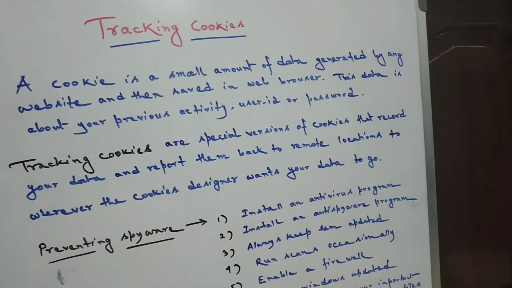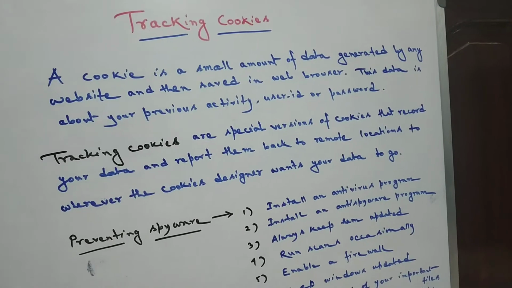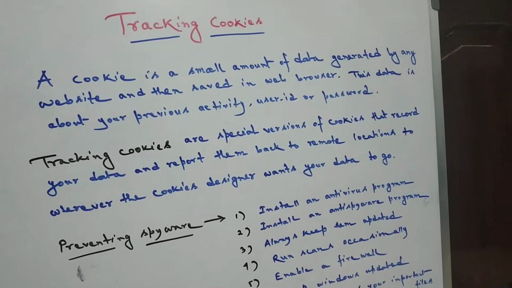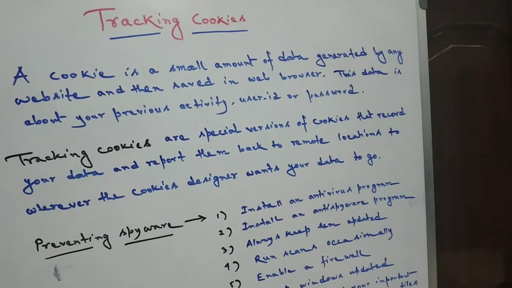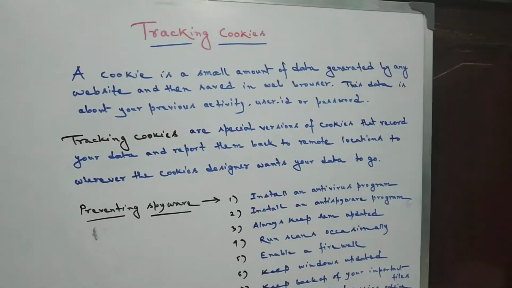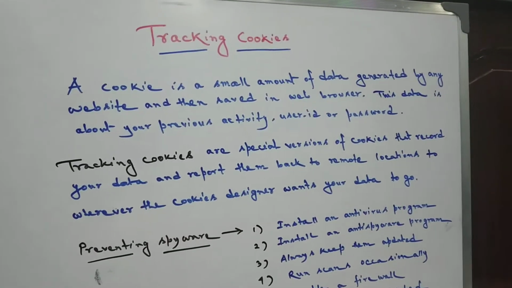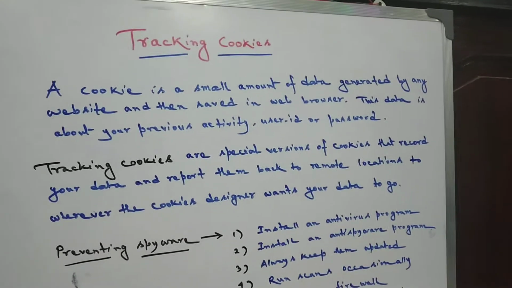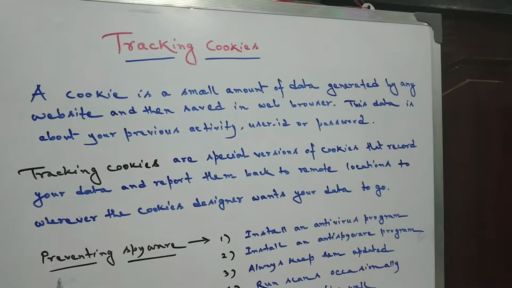of data. That means data like your activities, what kind of searching you are doing, or your user ID or password. So those kinds of information are stored in cookies. That amount of data is known as a cookie.